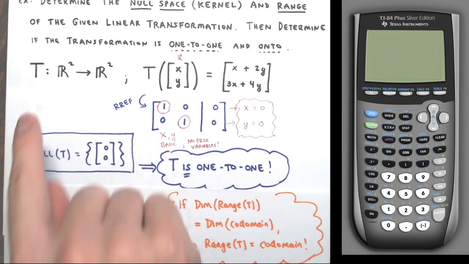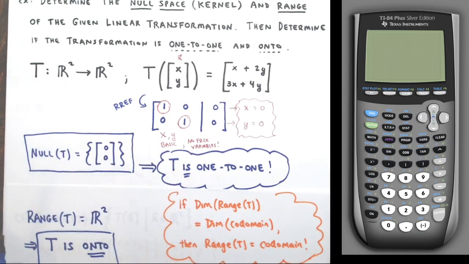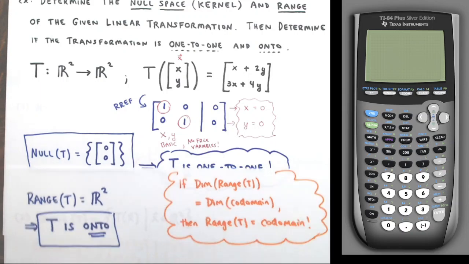Therefore, this transformation would be called an isomorphism. If you recall that definition, an isomorphism was a linear transformation that was also invertible, meaning both one-to-one and onto. Now that was, like I said, the long way of going about it.